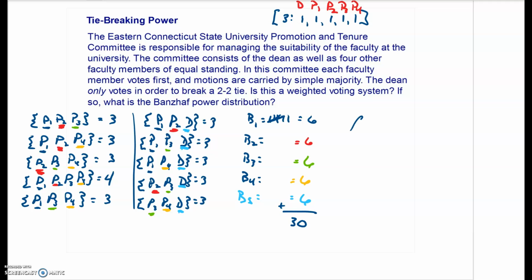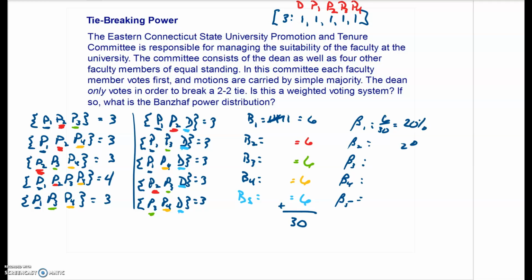Now the Banzhaf number for each: I notice that these are all equal because they're all 6s. So they're all 6 out of 30, or 20%.